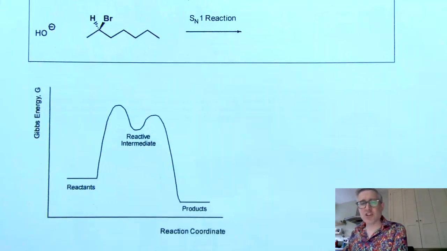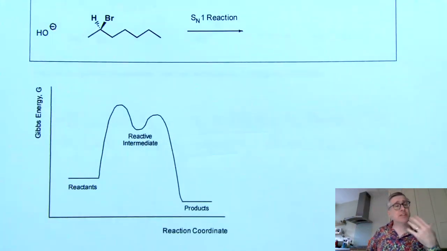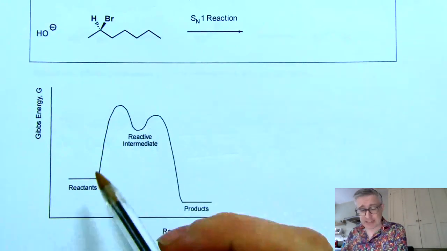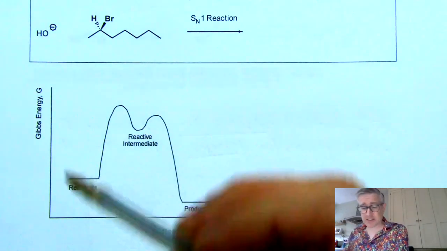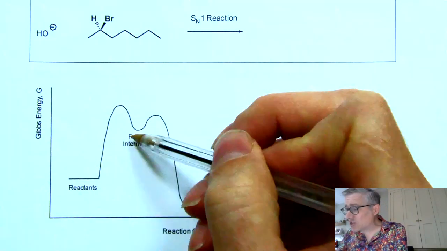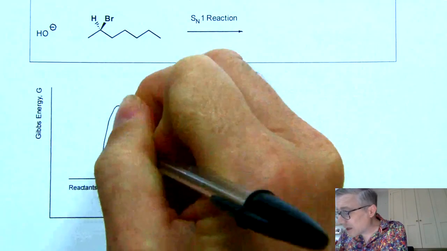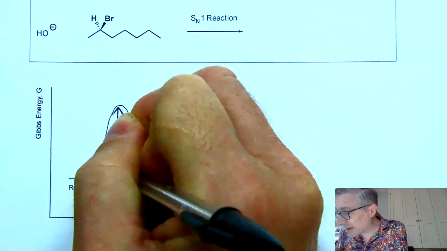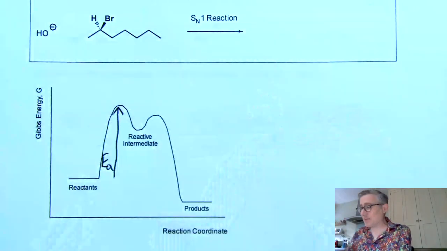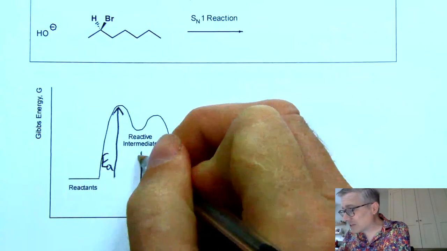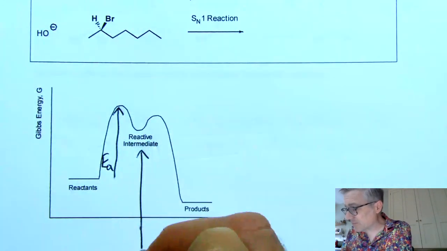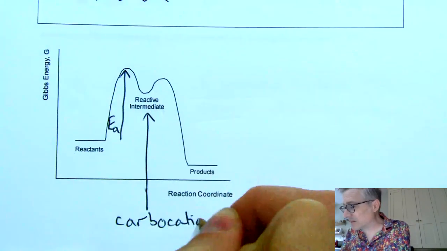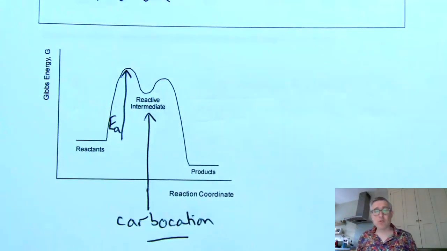Now let's think about the energy profile of this reaction, because it's slightly different to the SN2 reaction process. This time we have our reactants and they overcome an energy barrier to make an intermediate. So here is our activation energy, EA, and we make this reactive intermediate, and the reactive intermediate is a carbocation.